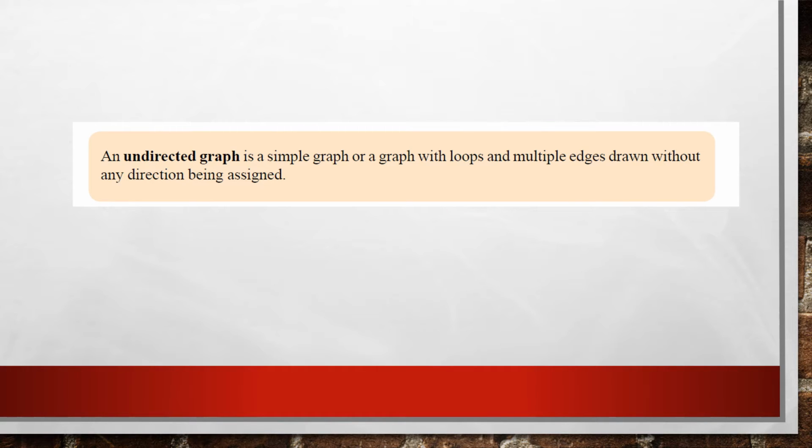So next we look at what an undirected graph is. An undirected graph is a simple graph or graph with loops and multiple edges drawn without any direction being assigned. In other words, for you to understand better, an undirected graph does not have arrows. A directed graph has arrows.